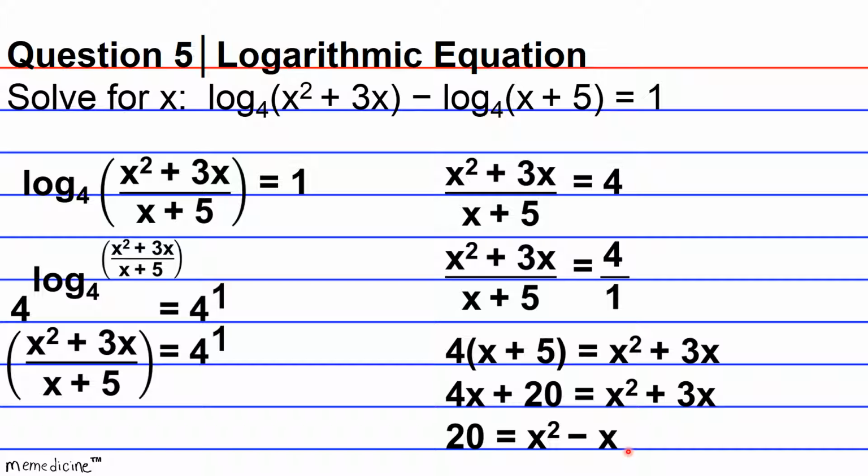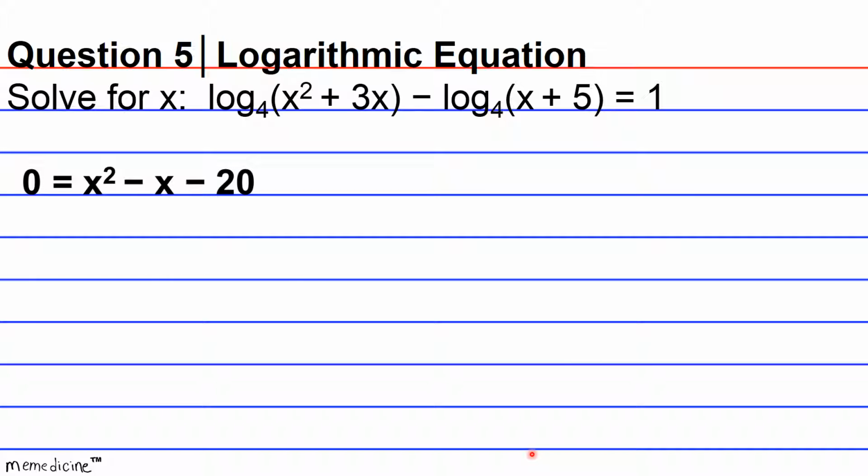Remember that standard form for a second degree polynomial has the format ax squared plus bx plus c, where the coefficients can be negative. So I brought the 20 over to the right-hand side by subtracting 20 on both sides. Now I'm going to reverse this entire equation so you can better visualize the second degree polynomial in standard form.